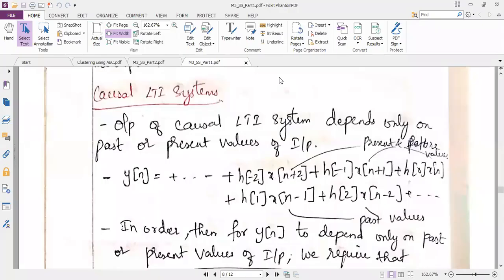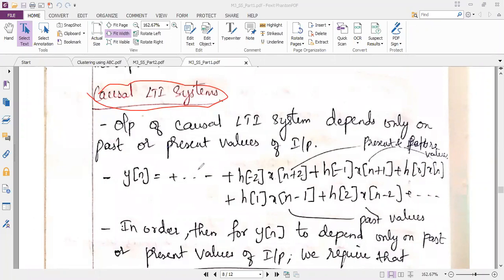Next property is causal LTI system. We all know from the previous module how to identify whether the system is causal based on the output equation. Here I am going to write the formula in terms of impulse response.